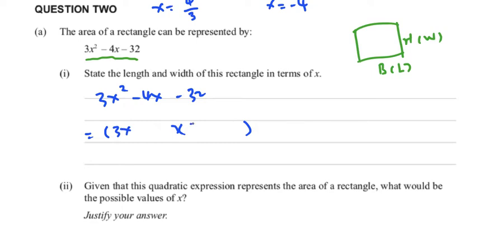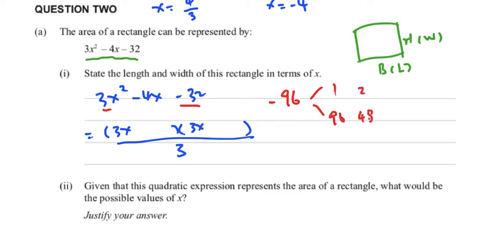So 3x, 3x, and divide by 3. 2 numbers times together equal a times c, which is negative 96. Add together equals negative 4. Let's start slow. Well, obviously 1 and 96 won't work. 2 and 48 won't work either. Let's try 3 and 32, that won't work either. 4 and 24, that won't work.